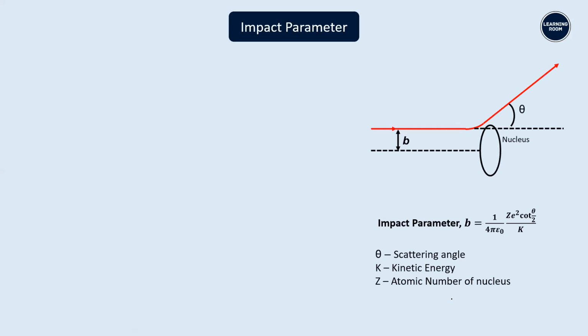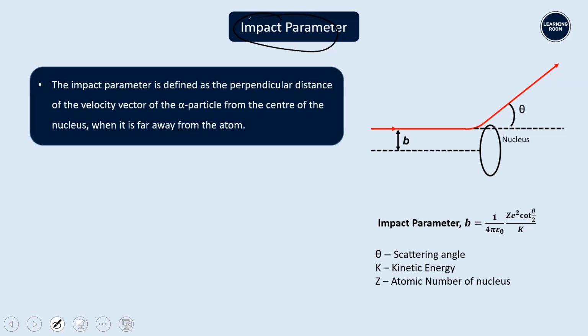So the next point that we'll be discussing is called the impact parameter. How is it defined? It is defined as the perpendicular distance of the velocity vector of the alpha particle from the center of the nucleus when it is far away from the atom.